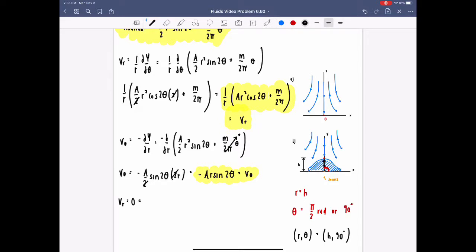Okay, so we do this by setting this equal to 1 over h in our case times a h squared cosine 2 theta plus m over 2 pi. And we can multiply h by both sides. That becomes 0, so you're going to get 0 is equal to a h squared cosine 2, in this case theta is pi over 2.